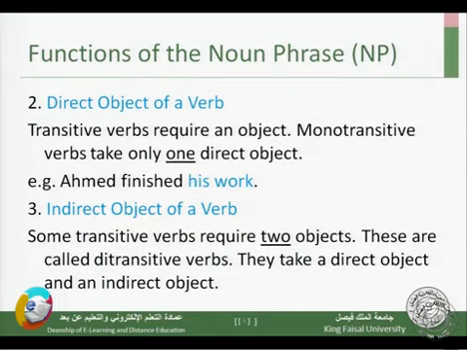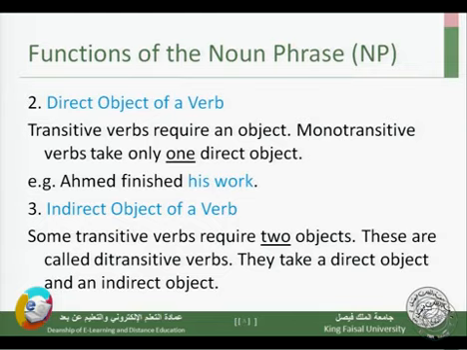For example, "Ahmed finished his work." Finished is the verb here. It is monotransitive, and "his work" is a nominal group, so it is a noun phrase, and it is the direct object of the verb "finished."